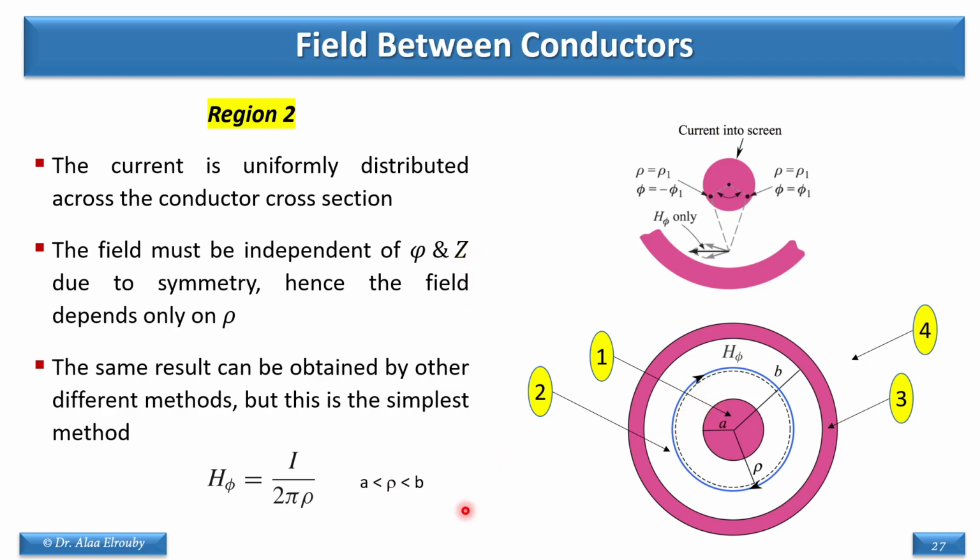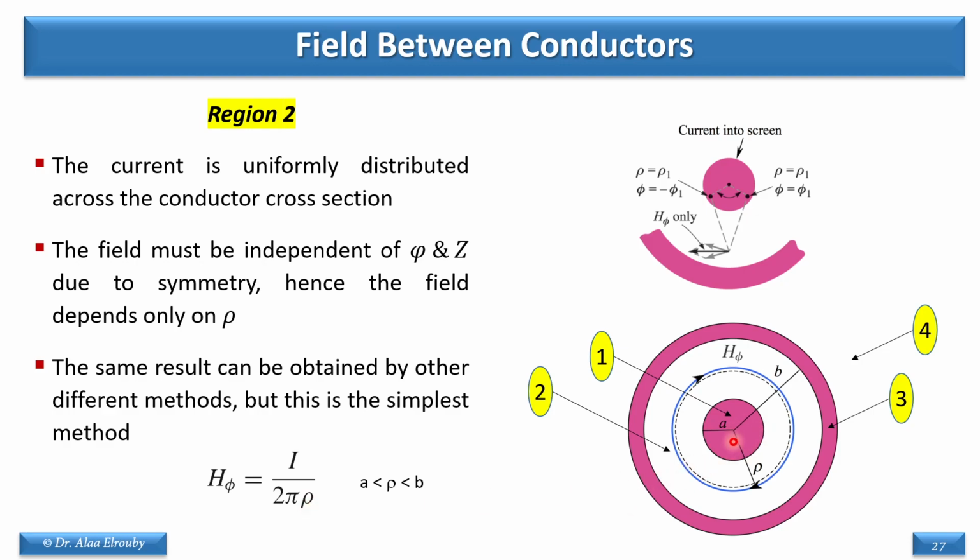The field lines must be circular, and just applying H dot dl or B dot dl, it will be H multiplied by 2 pi rho, and the total current enclosed is I. So in region number 2, the field equals I divided by 2 pi rho, and we can find the direction.